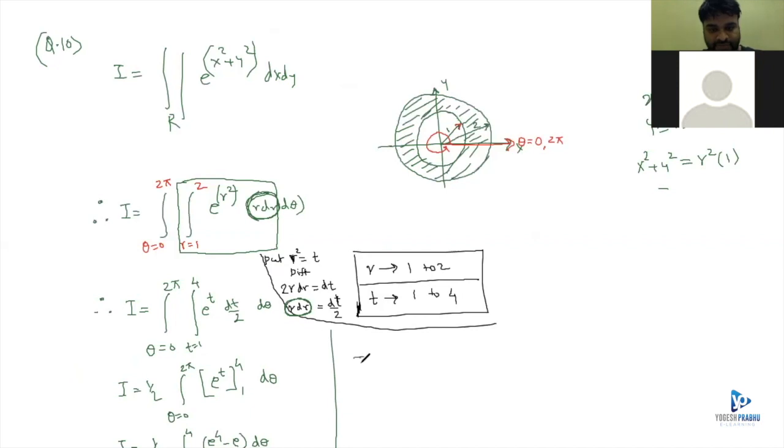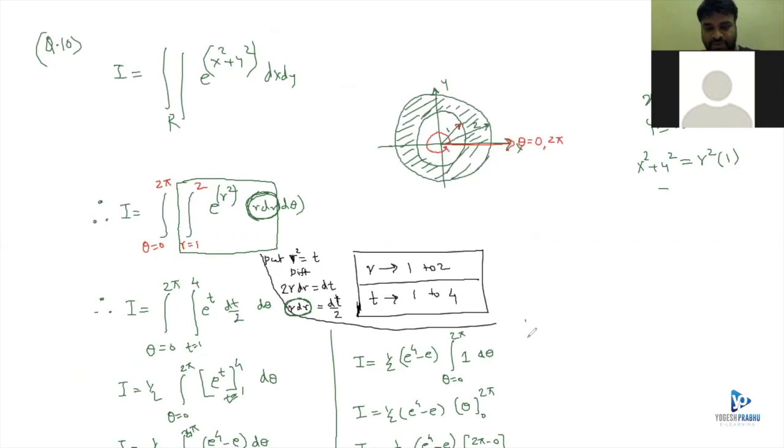What do we get now? I equals half, e to the 4 minus e. These are limits of t, right? It's 0 to 2 pi for theta, not 4. I'm sorry, 0 to 2 pi. So is this whole thing constant? So I took that out of the integral. You'll get the integral of d theta from 0 to 2 pi. So I equals half e to the 4 minus e, times 2 pi minus 0.